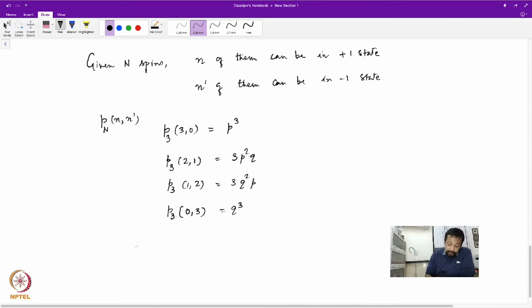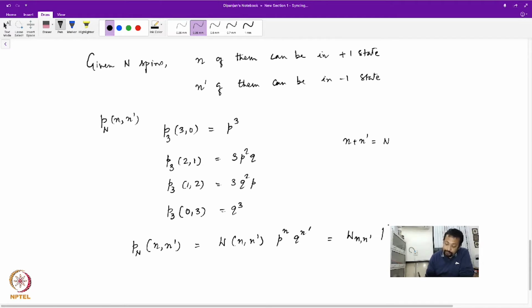So the general expression is P_N(n, n prime) is W(n, n prime) p to the power n q to the power n prime. Of course, we also know that n plus n prime is going to be capital N, so we can simplify this.